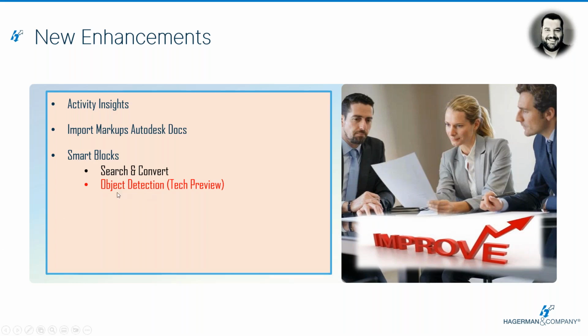This one is in red because Autodesk claims it is a technology preview of what is to come. It will improve with more use. It works hand in hand with this, though I don't want to say it works as a search.